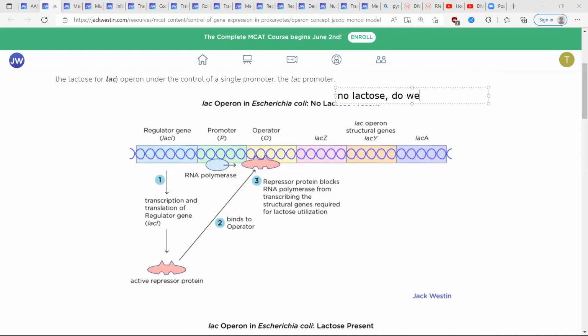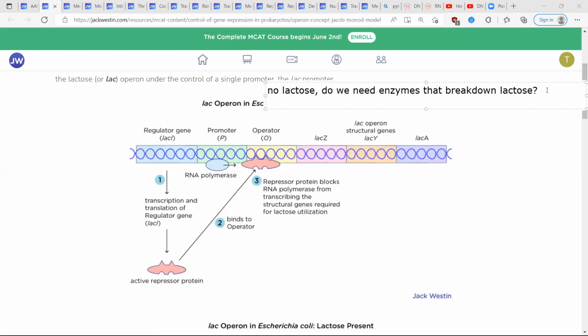So do we need enzymes that break down lactose? No, right? So if we don't need them, then don't make them.